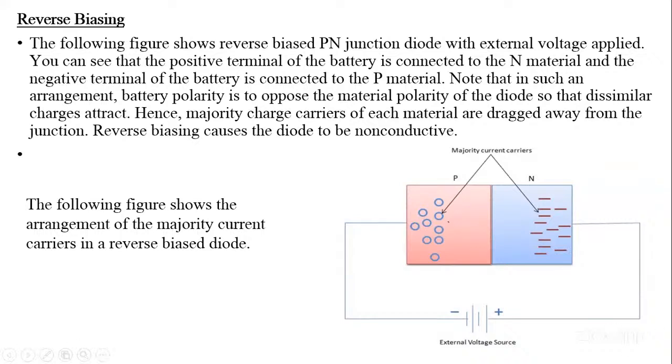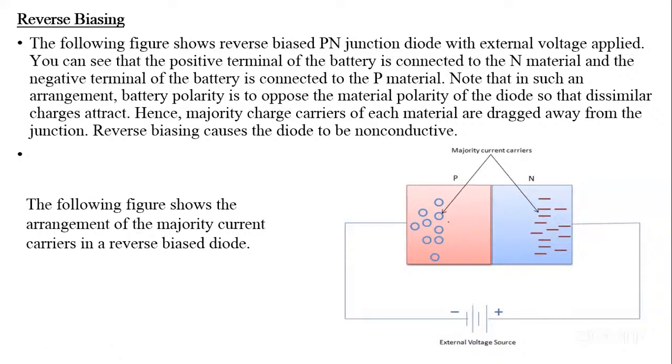Here, you see the negative terminal is pulling the positive holes. So that is why they are moving away from the junction. The positive terminal of the battery is pulling the electrons away. So in the depletion region, there are no charge carriers. So what this does is that the depletion region will begin to widen up, will begin to increase.